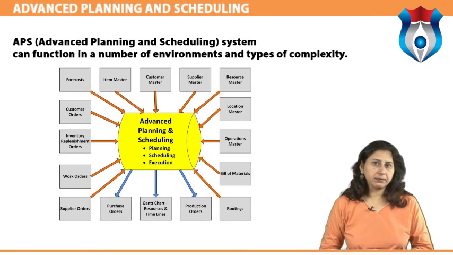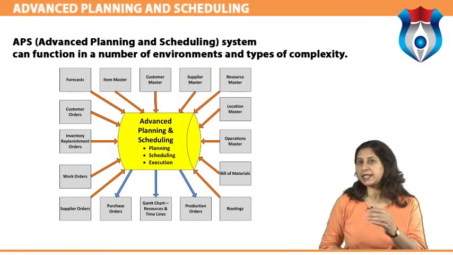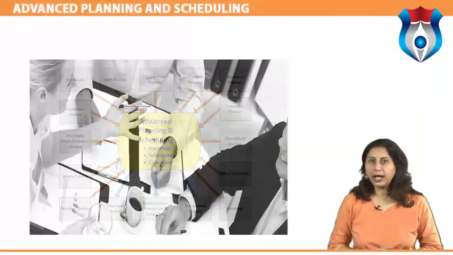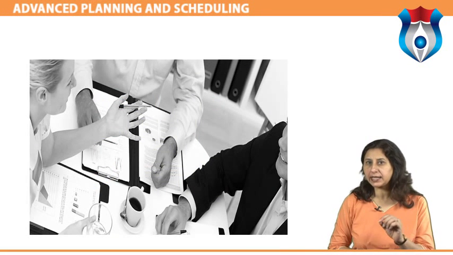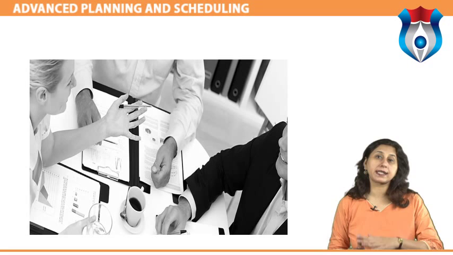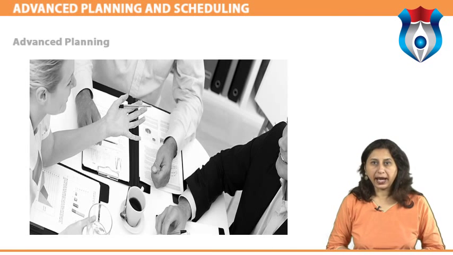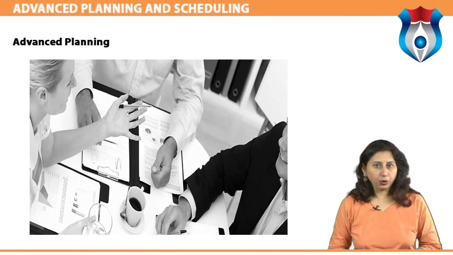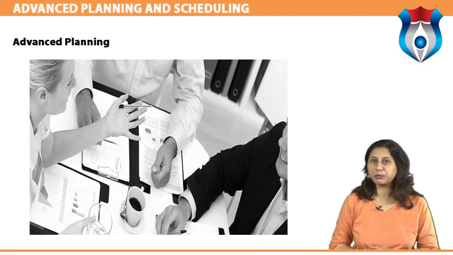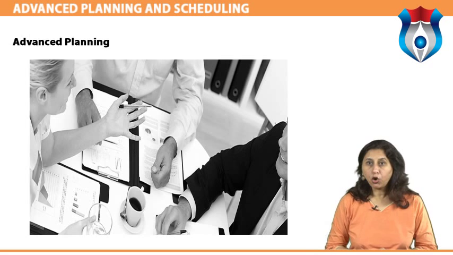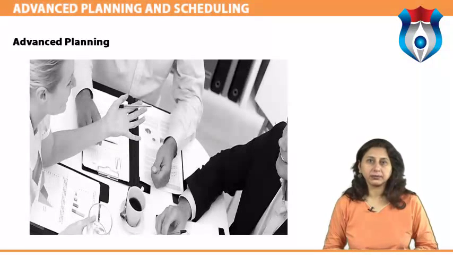An APS system uses the following planning and scheduling approach. A planner module, which pays some attention to capacity constraints, produces a schedulable plan. Advanced planning. The role of planning in APS is to determine what demands on the production system will be met over a given planning horizon.